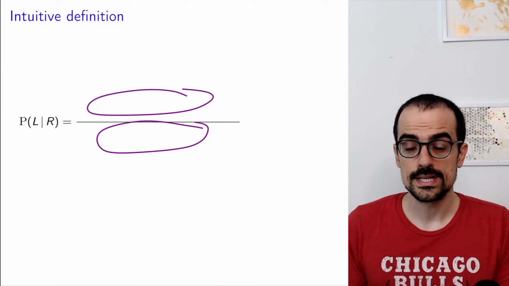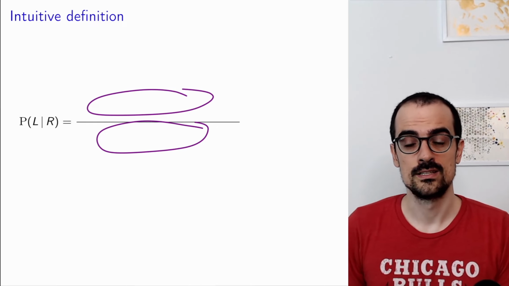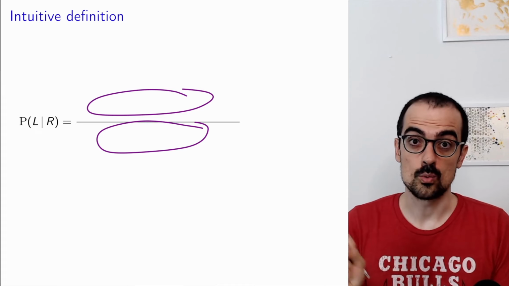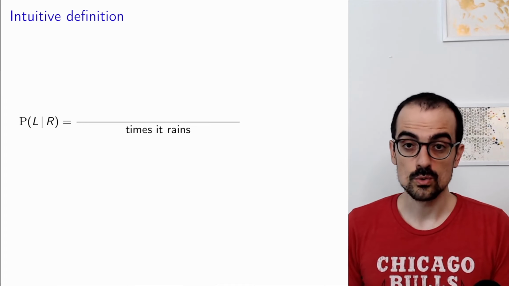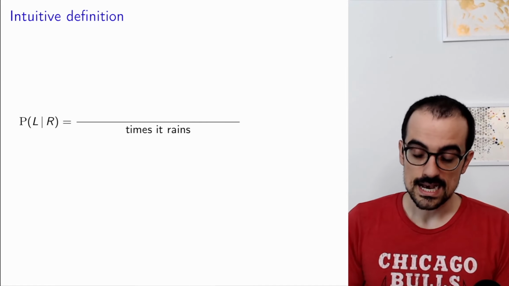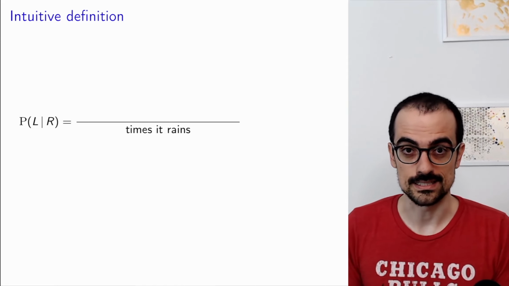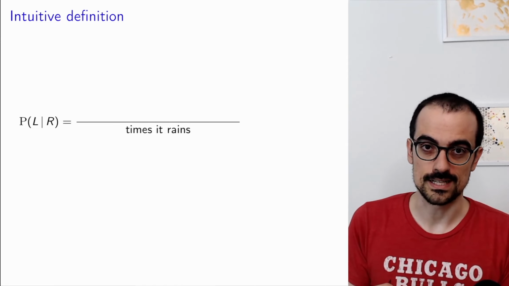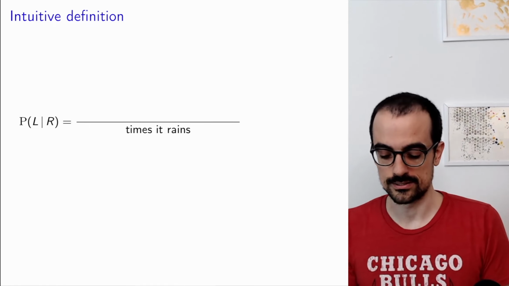Well, from all these repetitions in this experiment, we should only take the ones where it rains. So now in the denominator, we should only divide by the number of times it rains. And now, out of those, we want to see how many times the flight is late. So it's not the number of times that the flight is late, it's the number of times that the flight is late and it rains.